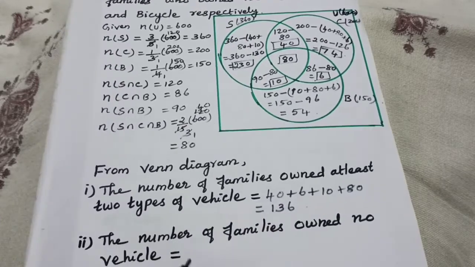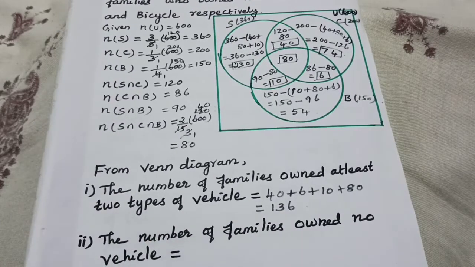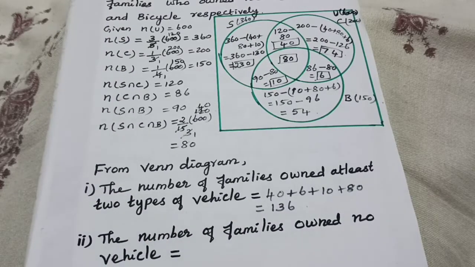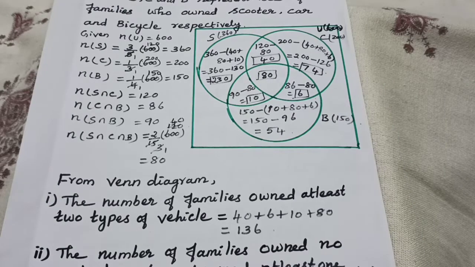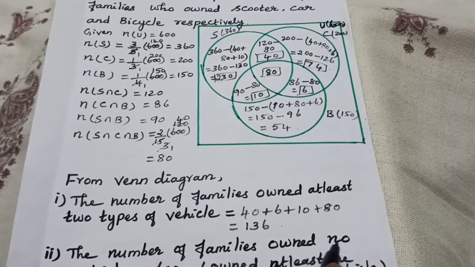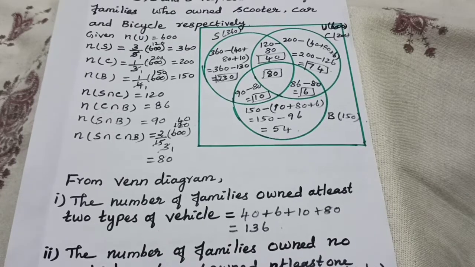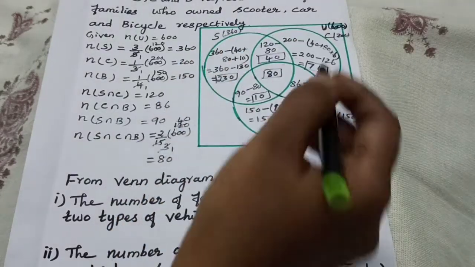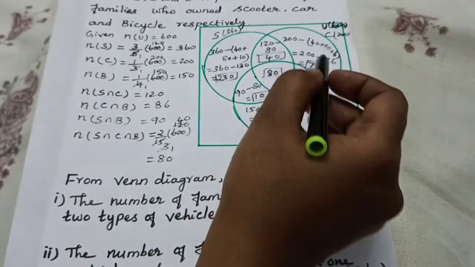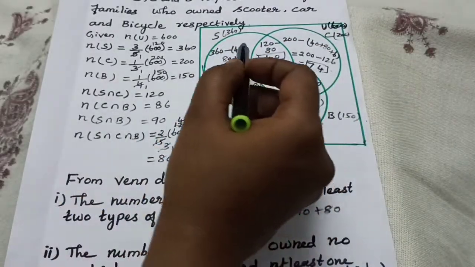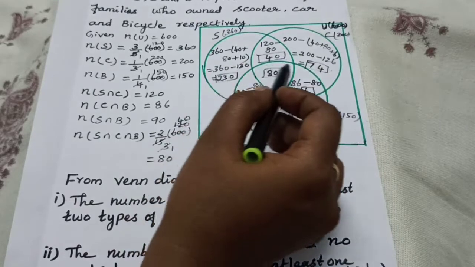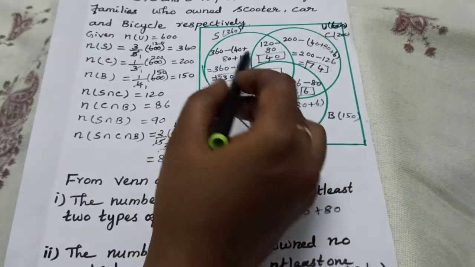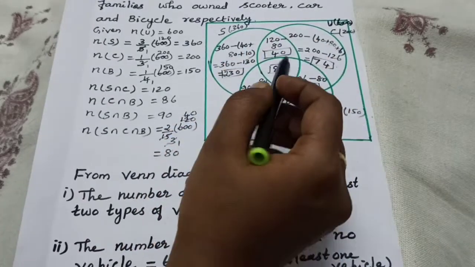Okay, then the second question is the number of families who own no vehicle. The number of families who own no vehicle means then total number of families, from here we have to subtract those who own at least 1 vehicle. How many of them are using? At least 1 vehicle we have to subtract.